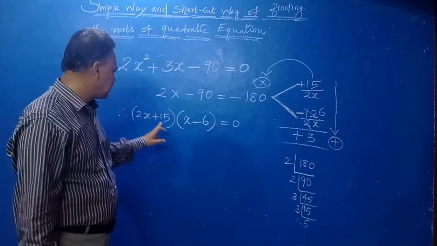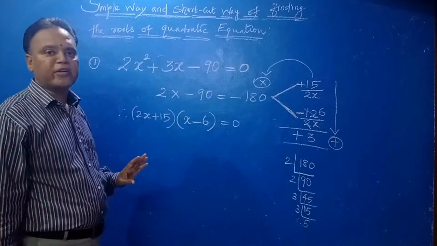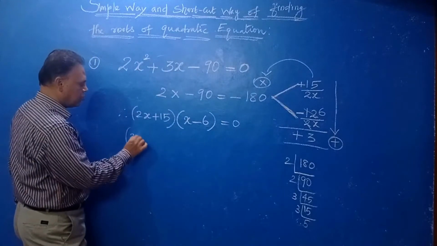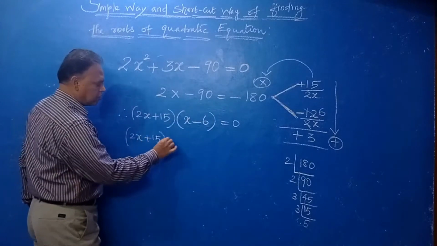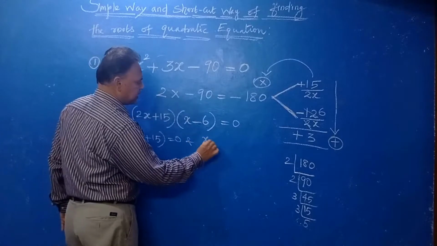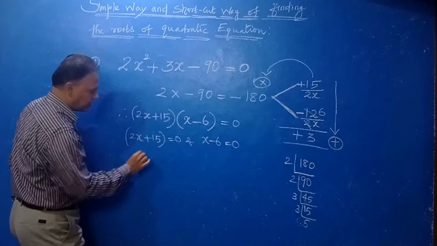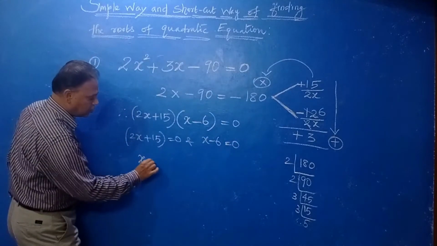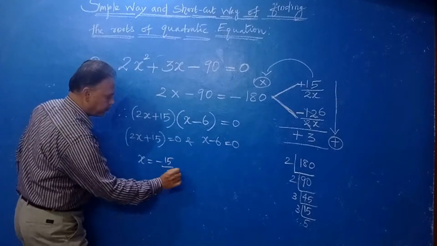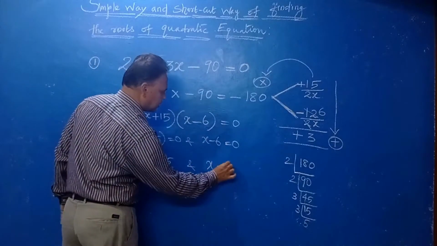Now, equal to 0 means both factors you have to make equal to 0. So what will you get? 2x plus 15 equal to 0 and x minus 6 equal to 0. So here x is equal to minus 15 by 2 and here x is equal to 6.